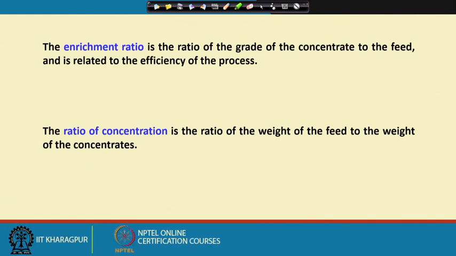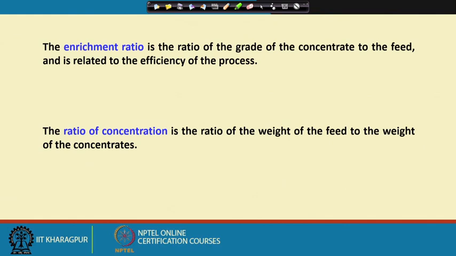It is related to the efficiency of the process. Your process efficiency can be assessed based on this value of enrichment ratio. Suppose the enrichment ratio is 1000 in some case. That means the process is very, very efficient. That type of assessment we can have.